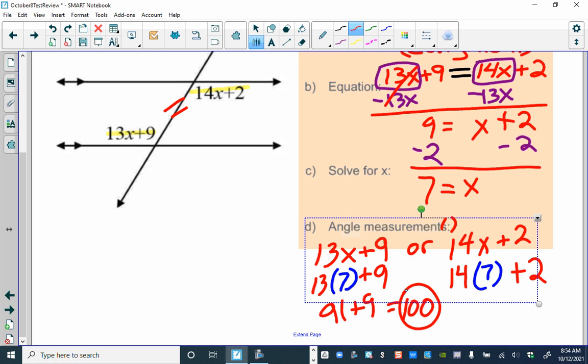Now, if you did the same thing over here, 14 times 7, 98, add 2 more, what do you get? You also get 100. So that's why it wouldn't matter. If the angles are congruent, it's not going to matter which angle you pick. You're going to get the same number. Okay, anybody have any questions on that problem?